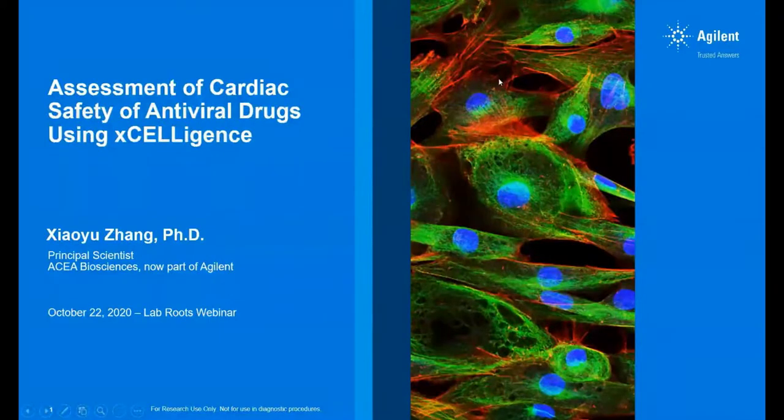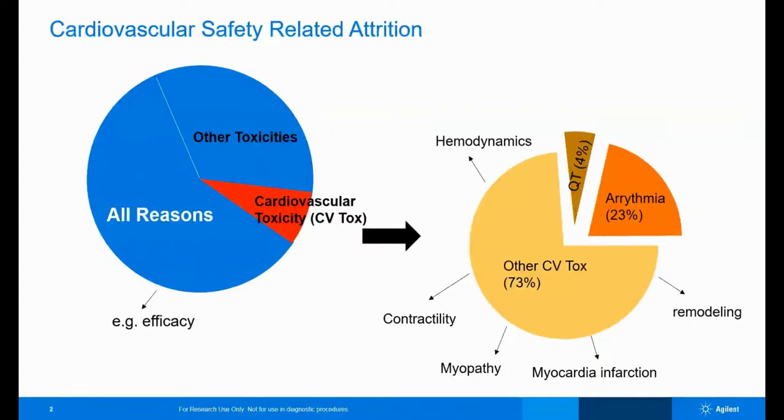Thank you, Brendan. In my talk, I will discuss the assessment of cardiac safety of antiviral drugs using xCELLigence. Drug-induced toxicity leads to drug attrition. Among all these toxicities, cardiovascular toxicity is the major concern.